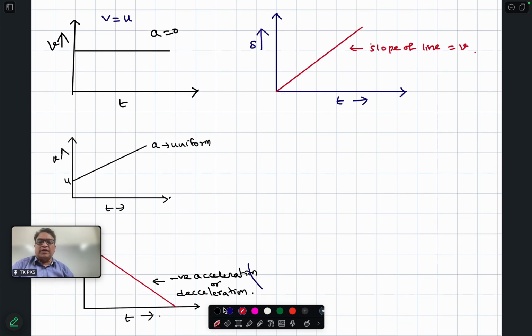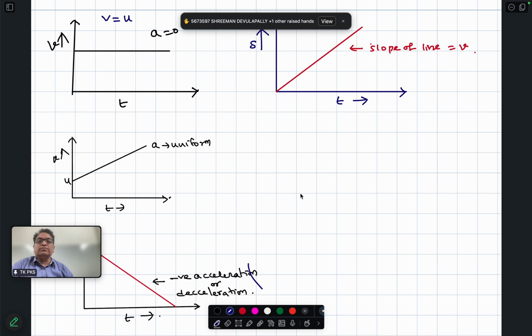Now you have another graph, time and position. What is going to be the nature of this graph?